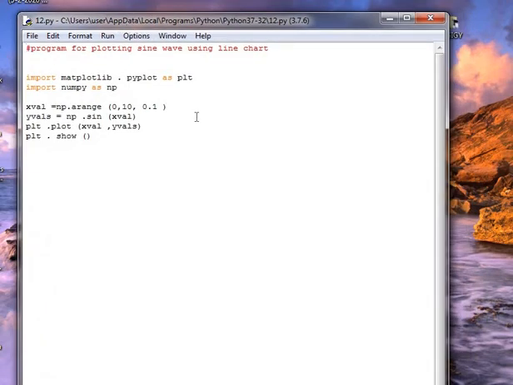Sine waves represent periodic oscillations. Okay, so in the x-axis np.arange from 0 to 10, with line spacing 0.1 interval. In the y-axis np.sin. This is the function to plot the sine wave for the x value. Then plot x and y-axis y value.